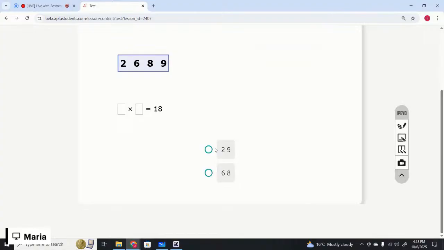So you are given two of the options. See which option makes 18. 2 times 9 it is. Option number 1 is the correct option. 2 times 9 makes 18. Option number 1 is the correct option.